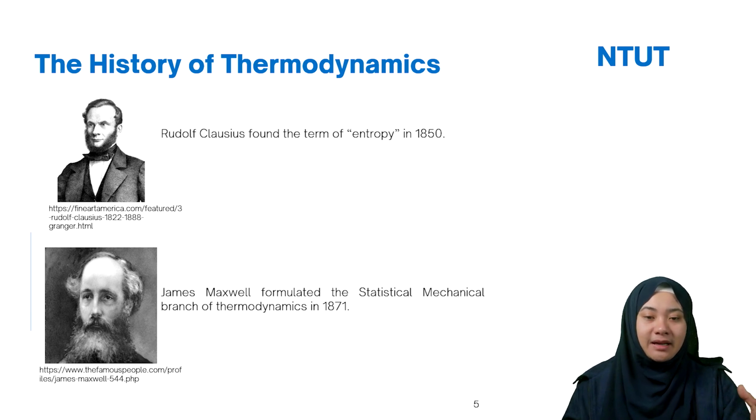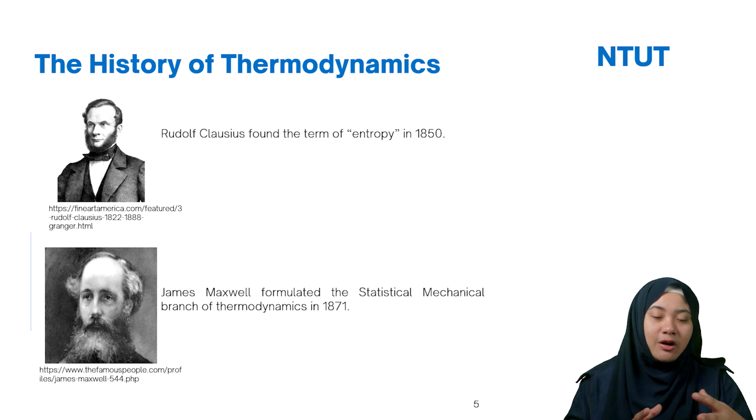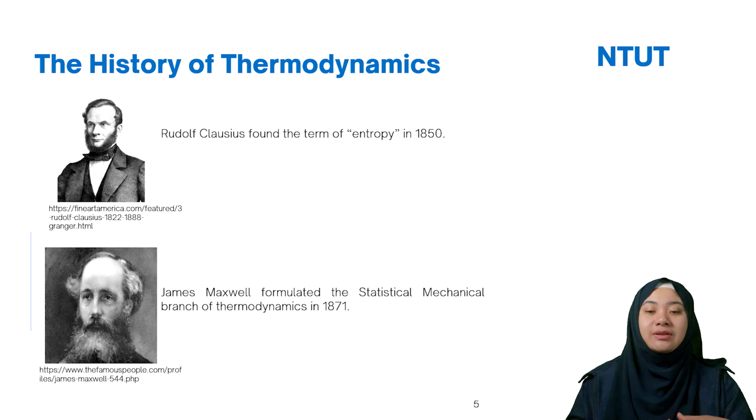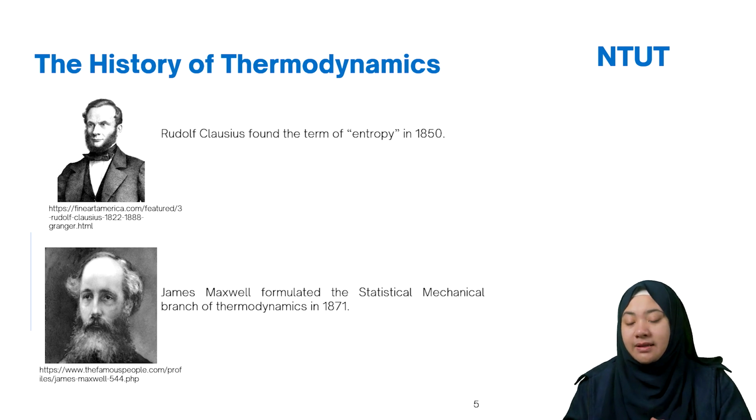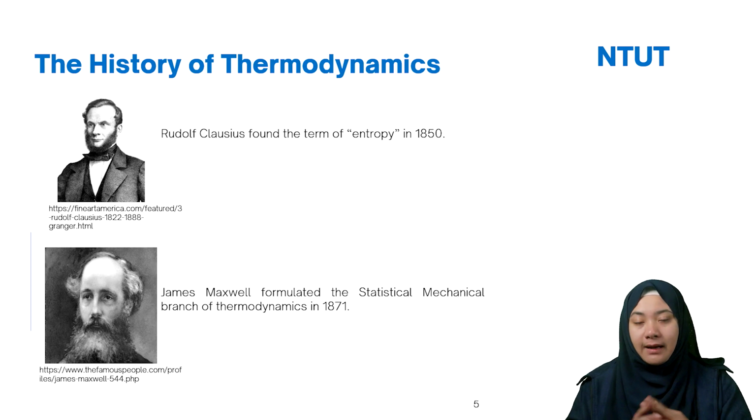At this time, with entropy, we can calculate how much Q, or the total heat, can be generated in the system, based on the entropy concept. And Maxwell formulated statistical mechanics, a branch of thermodynamics, in 1871. Because at that time Rudolf Clausius only considered the macroscopic, classical thermodynamics.